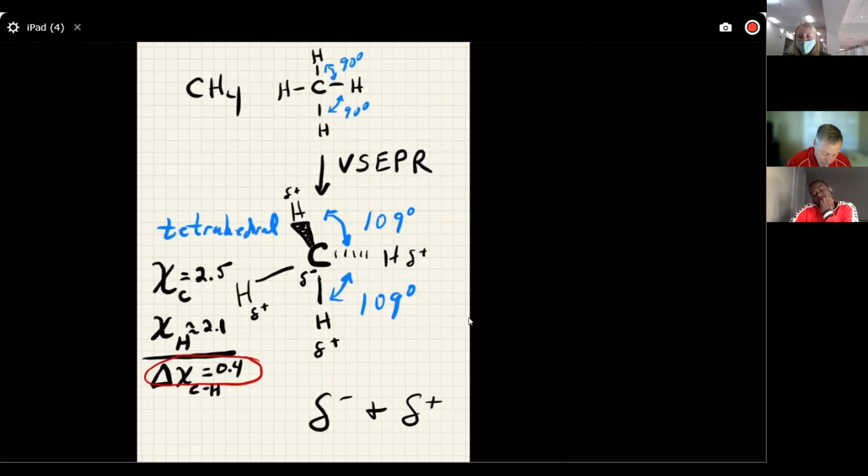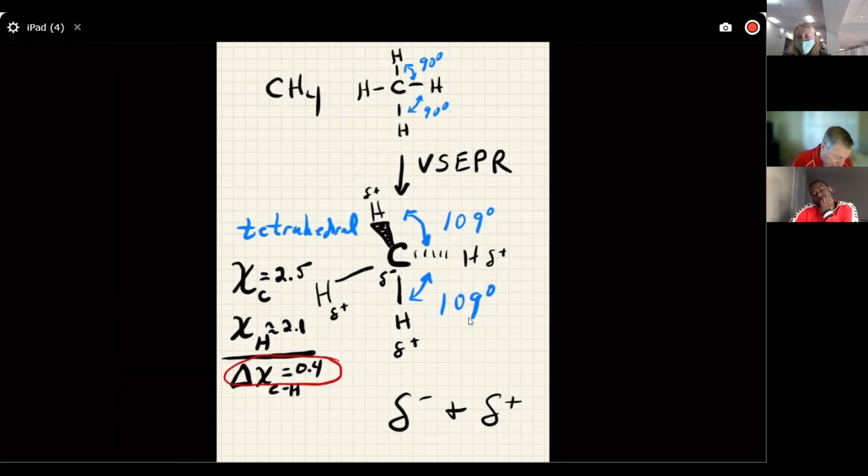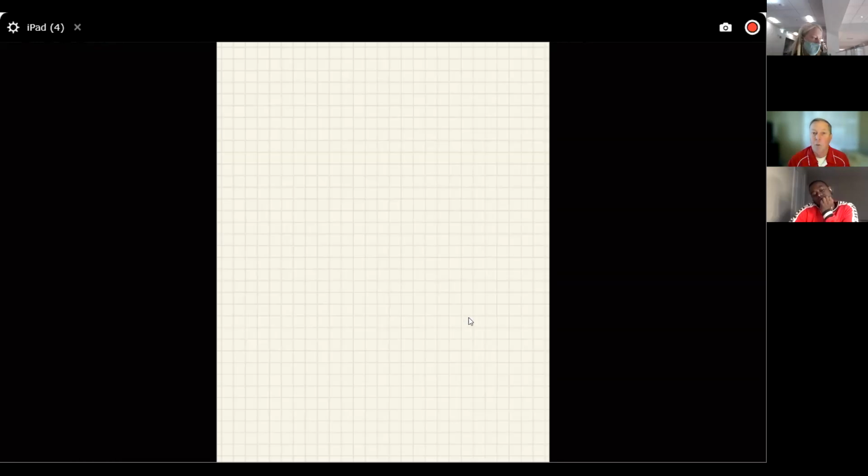Let me show you another molecule, very similar. This is water. All right. So let me draw the Lewis structure for you for water. So oxygen is element 8.